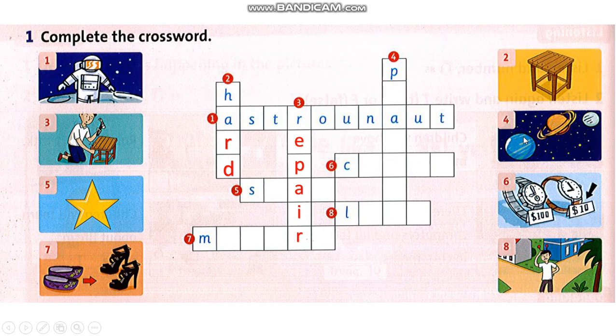Picture number 4. What are these? With the letter P? Yes, good job. Planets. Picture number 5. What is this? A star. Good job.